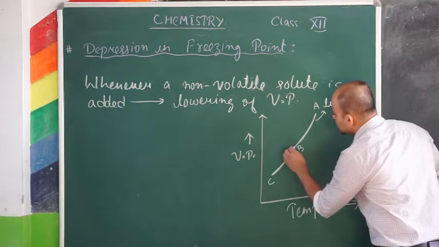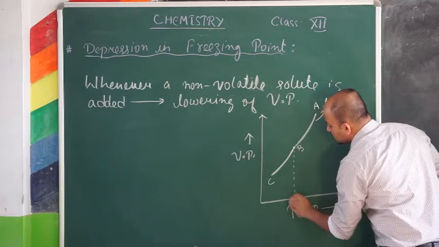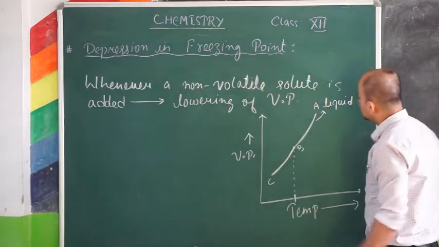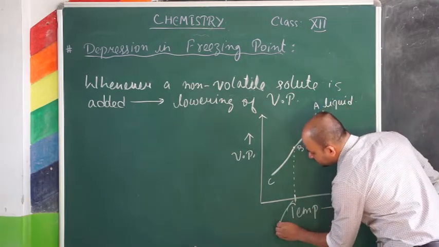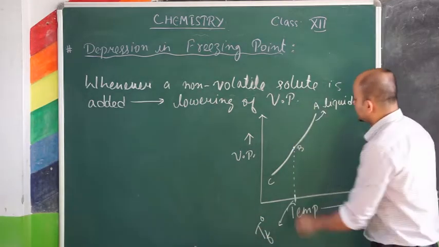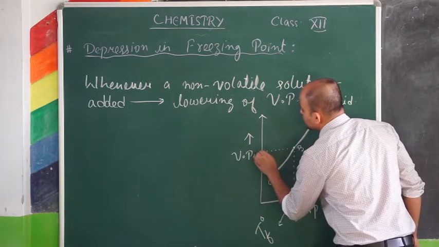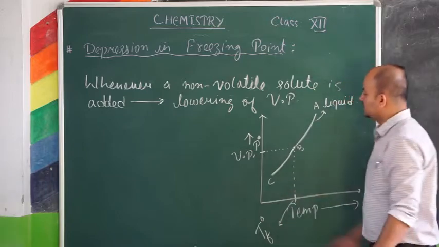Therefore this point corresponds to the freezing point of this pure liquid. Let's take this to be T_F naught, and the vapor pressure corresponding to this freezing point will be equal to P naught.